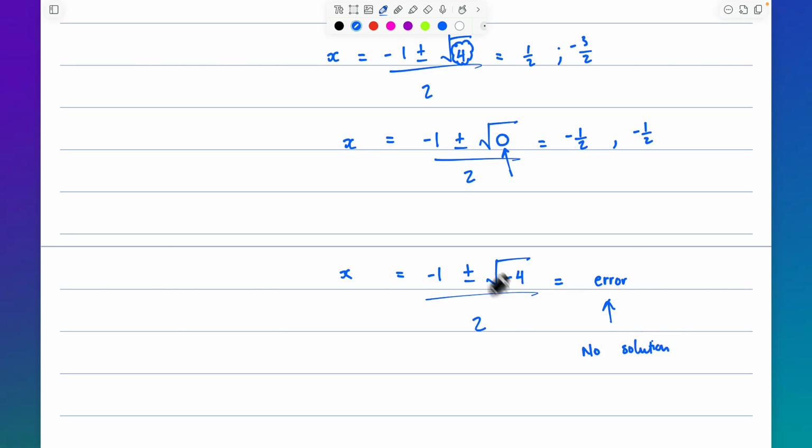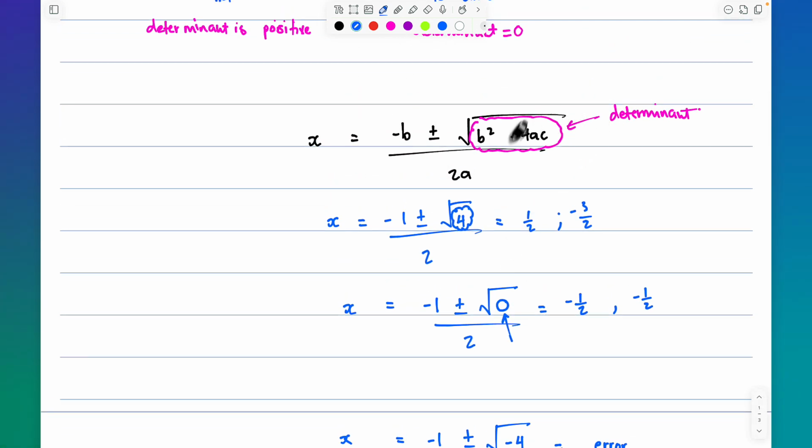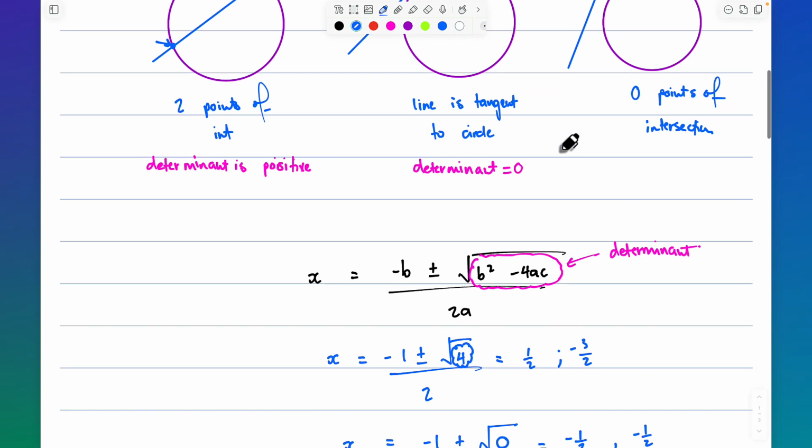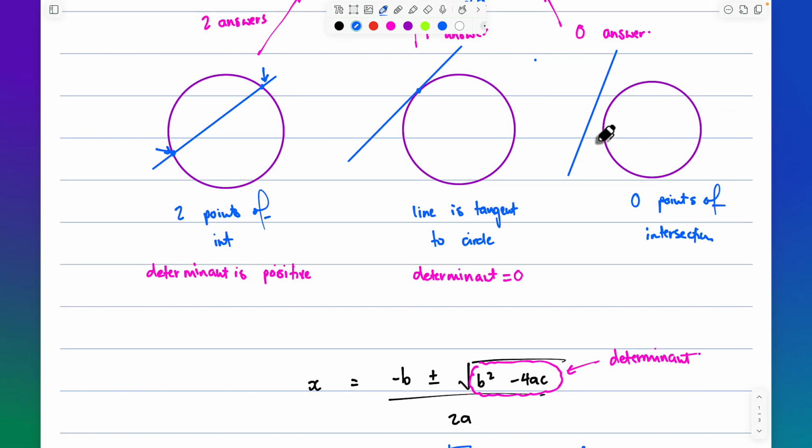So the moment we have a negative inside our square root, that means we have no solution. The moment your determinant is negative, you can't have an x value. There's no answer here, which means there is no point of intersection. So our third situation is when your determinant is negative.